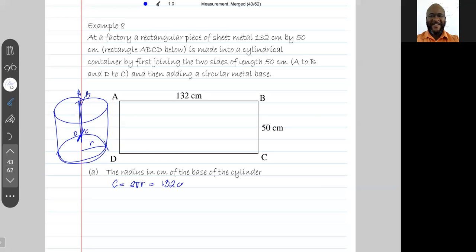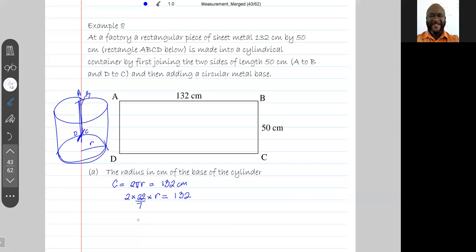So this is something that we know how to do. Let's put in what we know. This is 2 times 22 over 7. We don't know what r is, but we know that 2 pi r is equal to 132, because the length AB became the circumference of the circle.